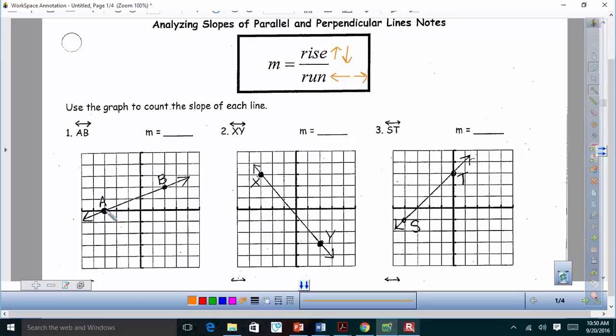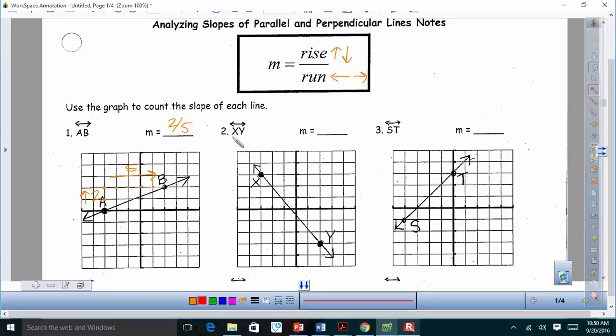And here, to get to B, I would have to go up 1, 2, and then I would have to go to the right 1, 2, 3, 4, 5. So I went up 2 and to the right 5. So how would I write that? Very good. 2 over 5.